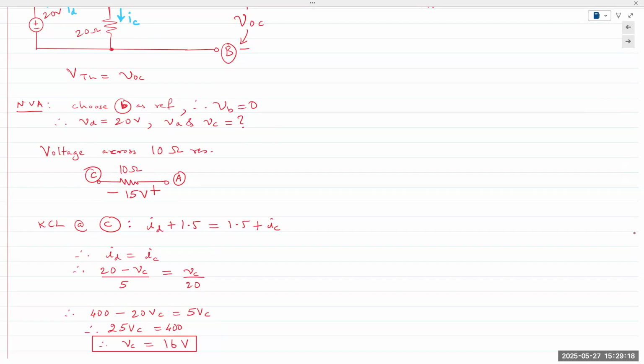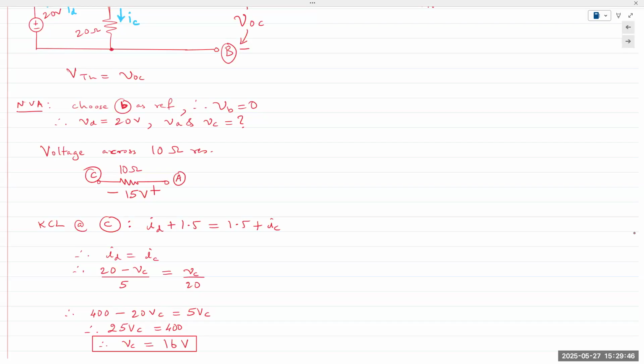Any questions? And again, I would like to remind students, whether it's node voltage, whether it's mesh current, if you approach it step by step, there is no circuit that you would not be able to solve. Even though the circuit might look, like with 10 different nodes and looks very complicated, if you approach it step by step, it should work out.